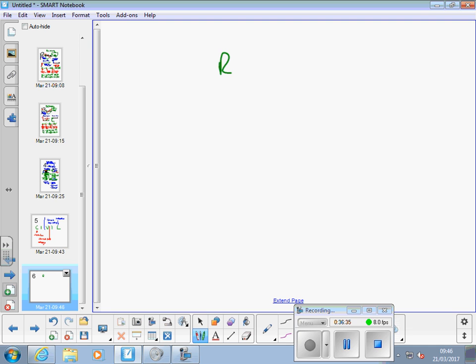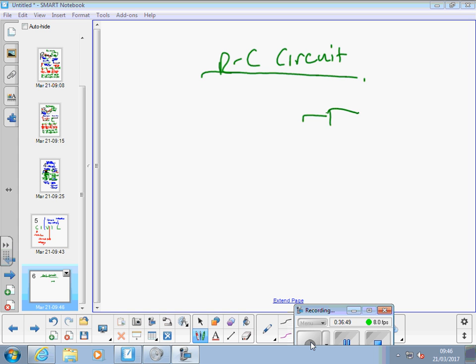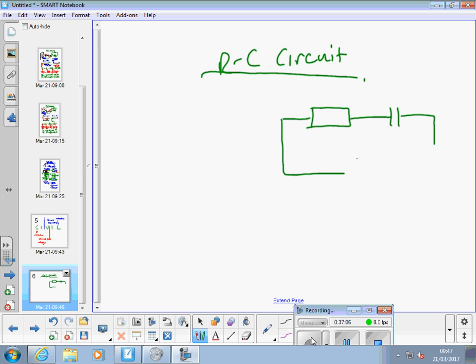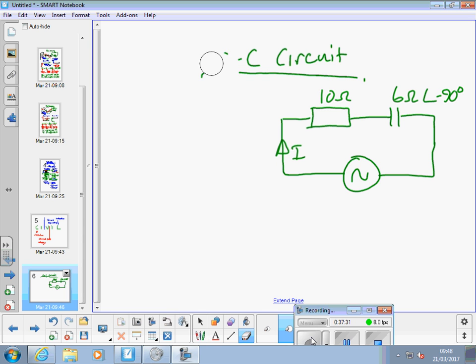So, RC circuit. That's AC. That's R. That's an R. Sorry, Elliot, that's because that board wasn't writing properly when I did that bit.